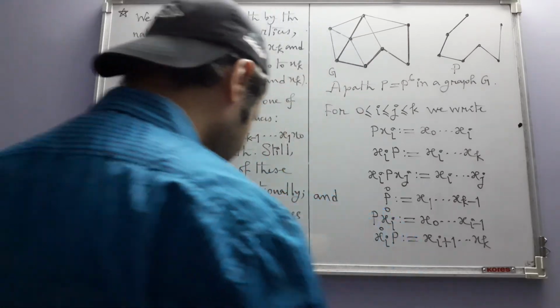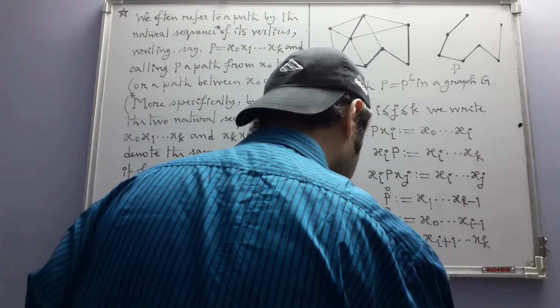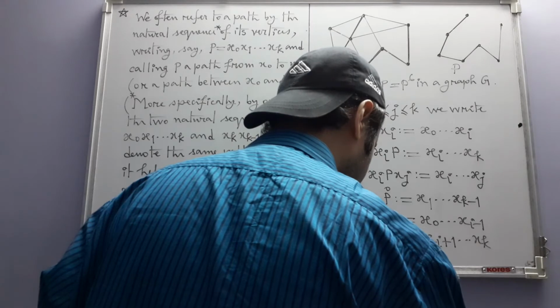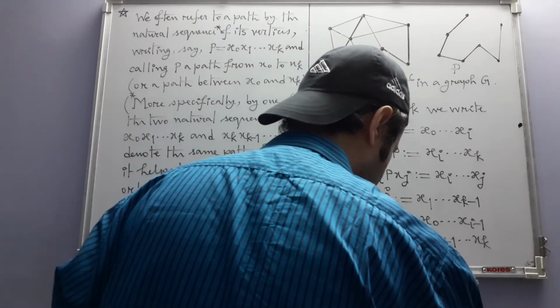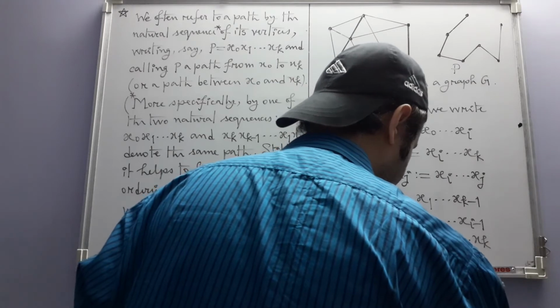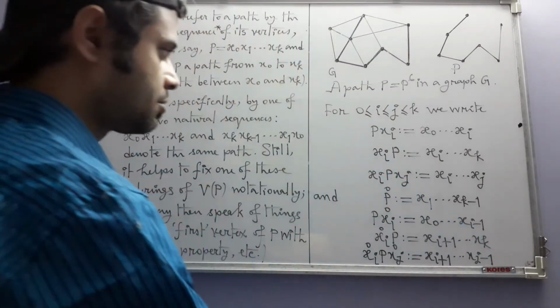And then just like that, x_i 0 P x_j 0 is the path joining x_(i+1) and x_(j-1).